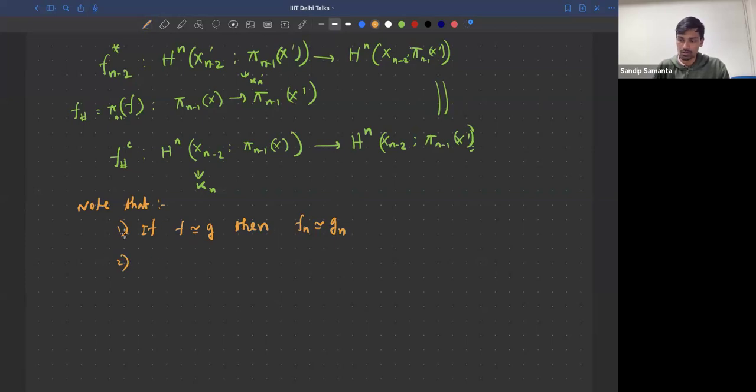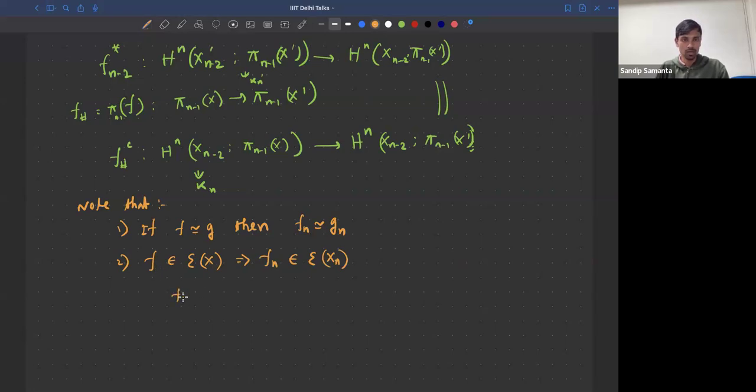And so the consequence of that is that if f is a homotopy equivalence on X, then this implies f_n is also a homotopy equivalence for the nth level. This is again a consequence, because if f is a homotopy equivalence on X, then there exists a map g which is an inverse of that.